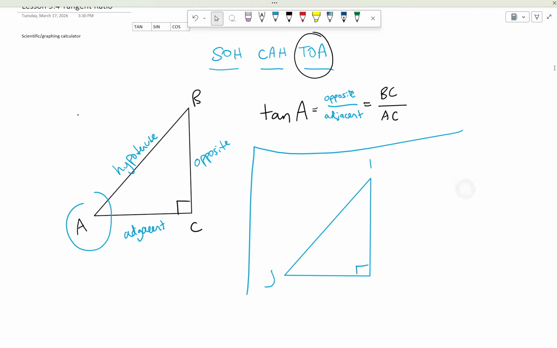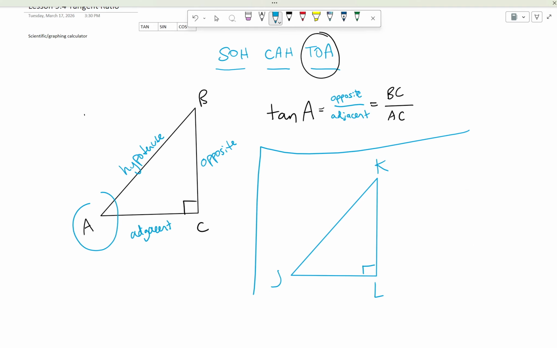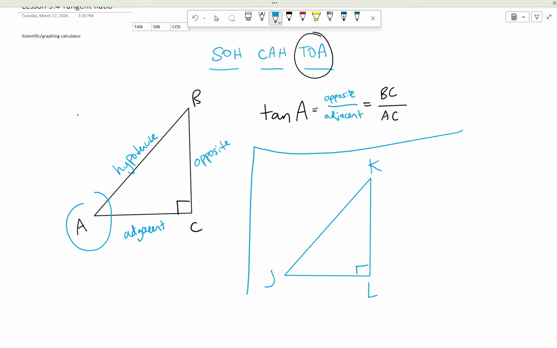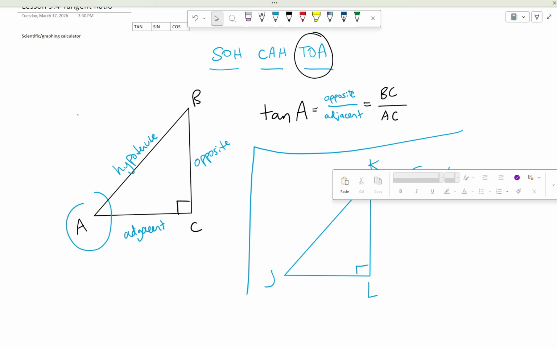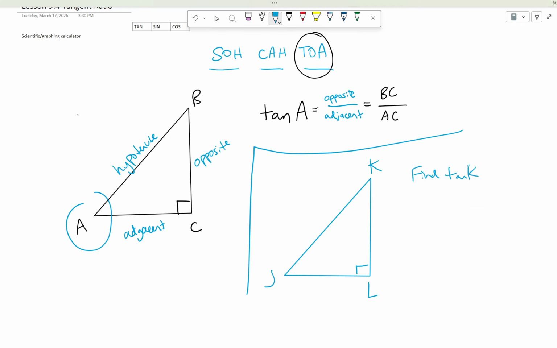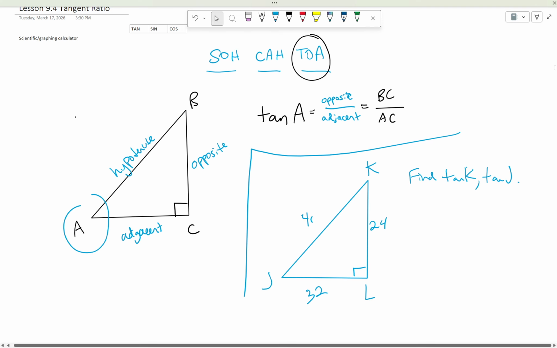I'm going to call these J, K, and L. And I'm going to find the tangent of K and the tangent of J, given the following. If I had 24, 32, and 40 as my side lengths.